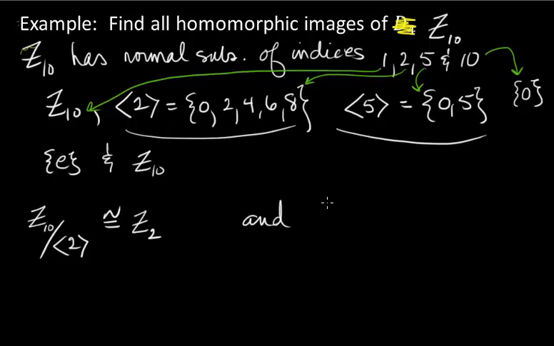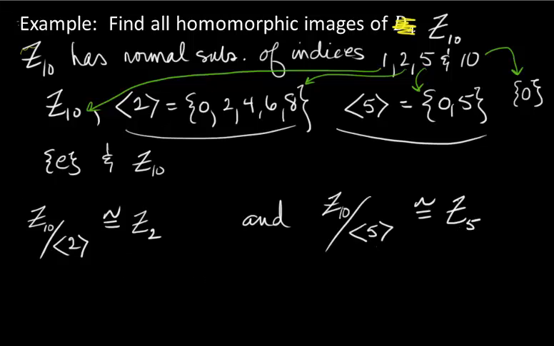And if you spend a little time with this, you'll see that Z10 mod the subgroup generated by 5, which has 2 elements in the subgroup, therefore index 5, is isomorphic to a group of order 5. Well, there's only one group of order 5. It's prime. It's the cyclic group of order 5. And we might as well just call it Z5.